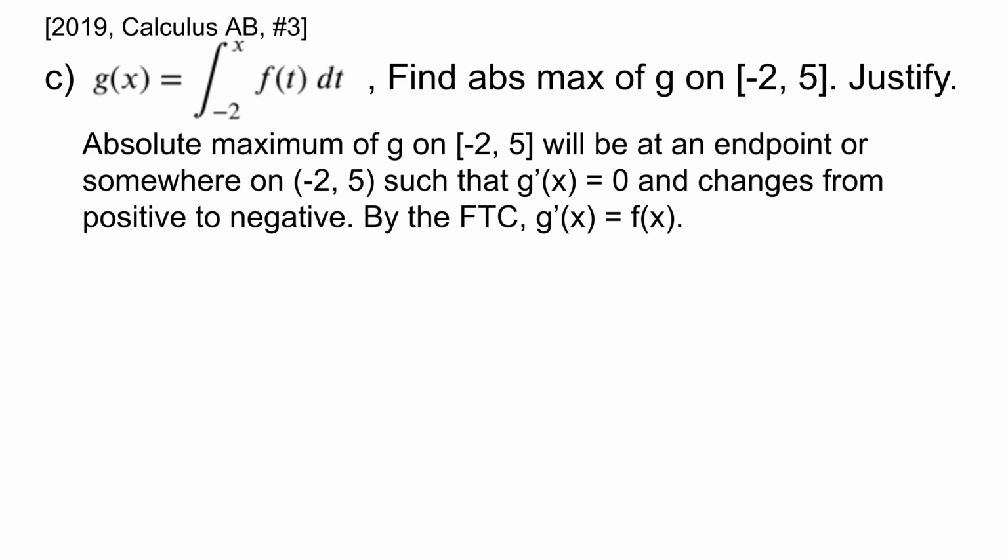By the fundamental theorem of calculus, we know that the derivative of g is just going to be f of x. G prime of x equals f of x needs to equal 0, and that will happen whenever x is equal to -1 or positive 1/2.